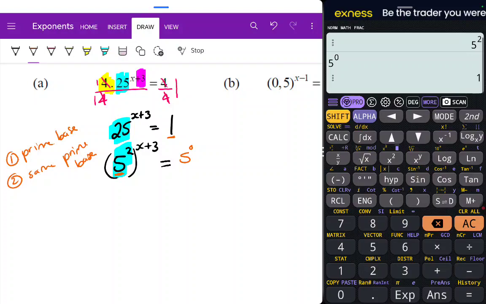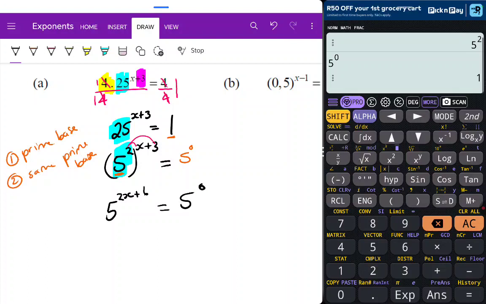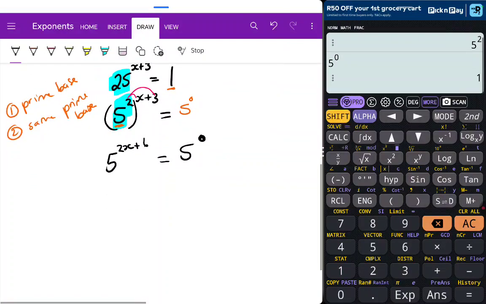Beautiful. Now, my next step is I'm going to multiply my exponents. So I'm going to have 5 to the power of 2x plus 2 times 3 is 6 is equal to 5 to the power of 0. Beautiful. Now at this point, I have prime bases and I have no more work to do. Everything is sorted out.